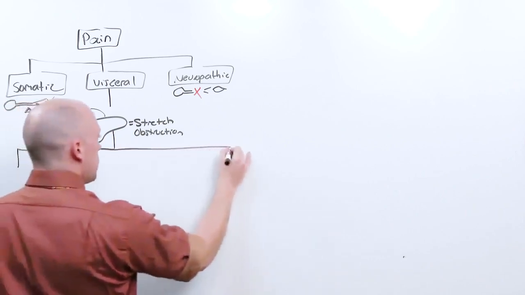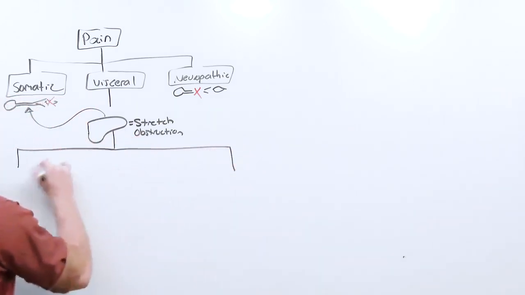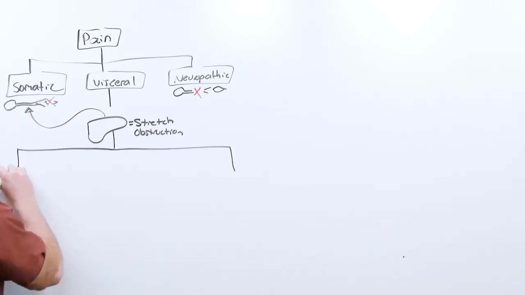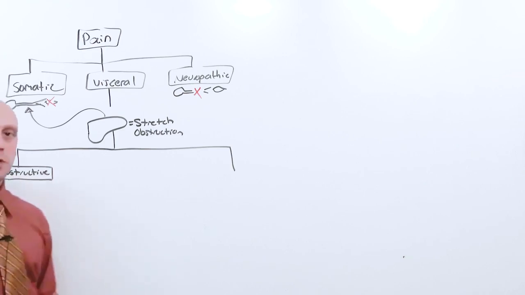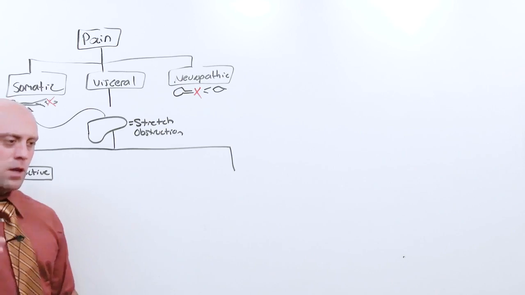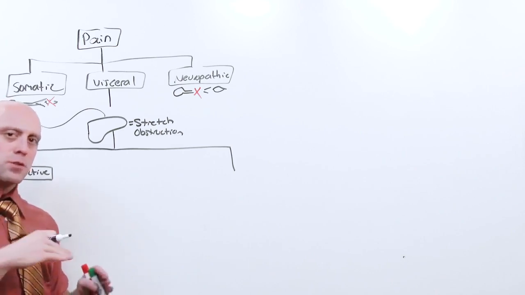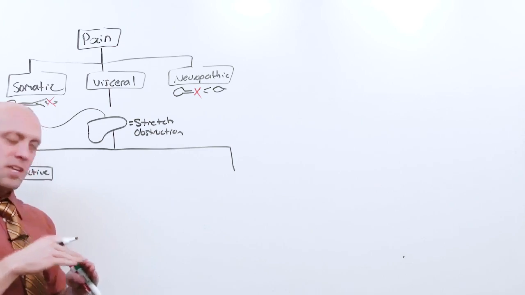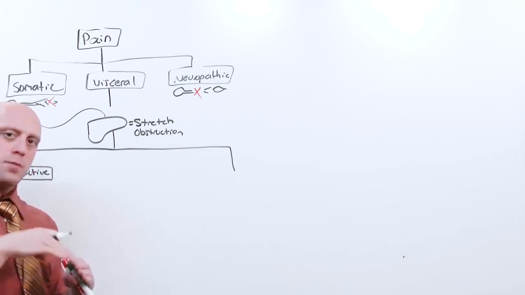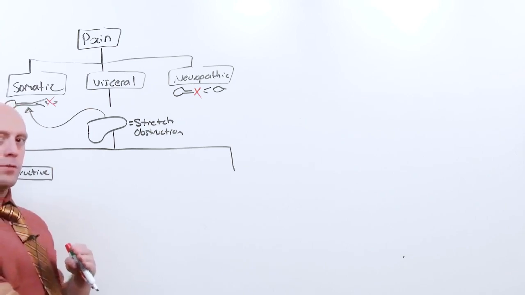Visceral pain, so called because it is of the viscera, comes in a couple of forms. The first is obstructive. This must be a hollow viscus, and what happens is there's some sort of peristalsis. The peristalsis comes up on the obstruction, and it really hurts because it can't push anything through there, though it's trying, and then the peristaltic wave passes over the obstruction.